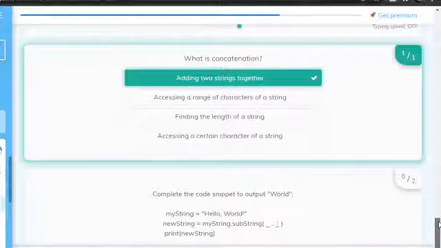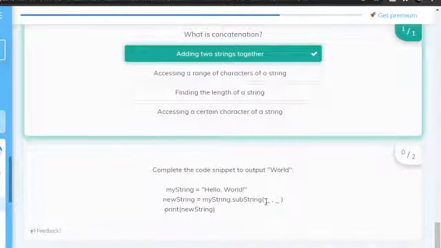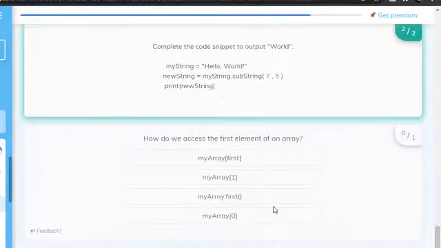So it's start position and then number of characters. Start position is 7, and the number of characters is 5. Simple. It took a while.